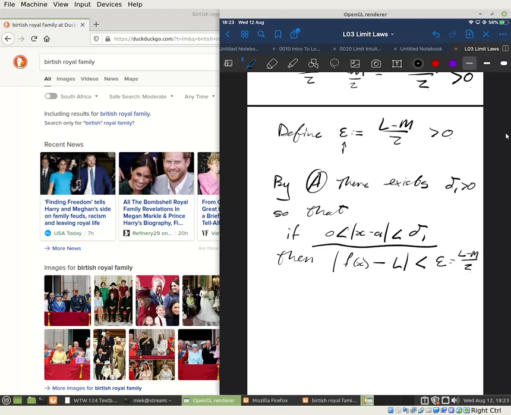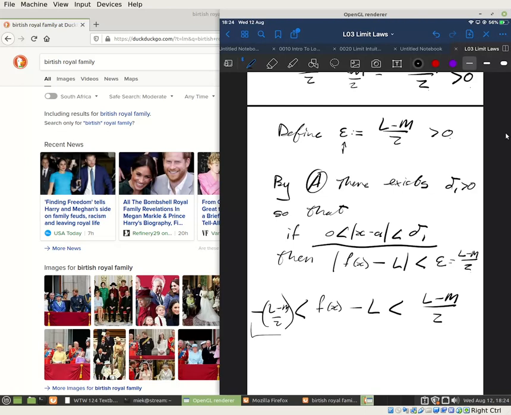So let us use the definition of the absolute value to get the following. f of x minus L is less than L minus m over 2 and is greater than minus L minus m over 2.